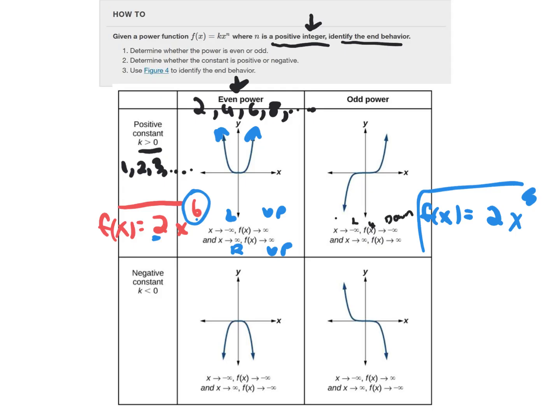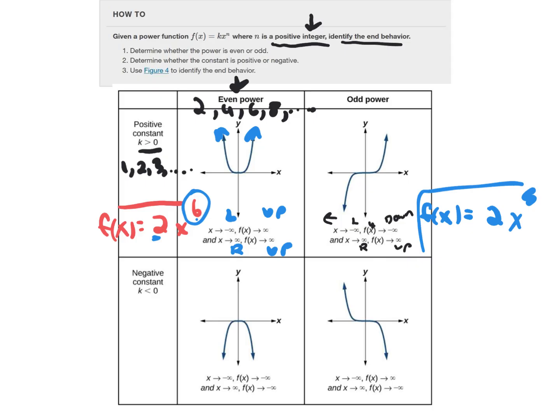That means as I go left, it goes down. And if x goes to the right, the function goes up. It'll always do that as long as the exponent is odd and the number in front is not negative.